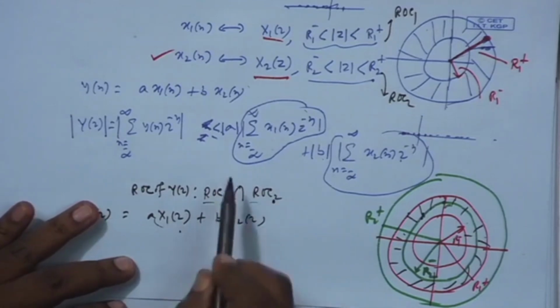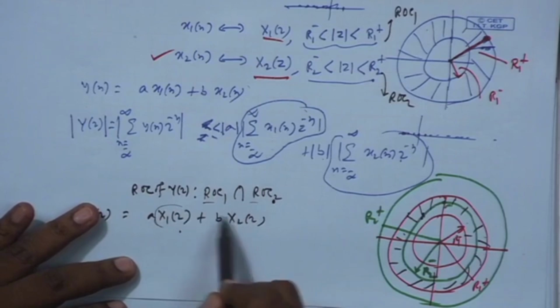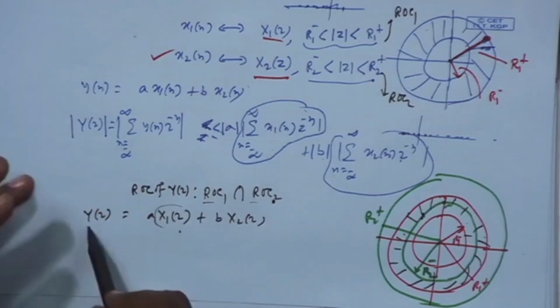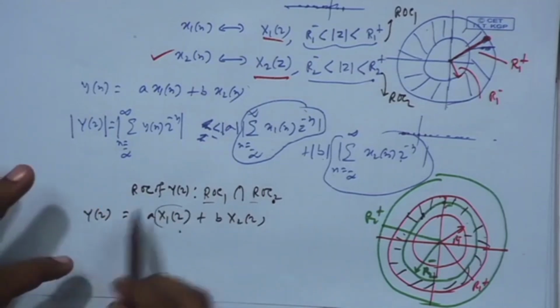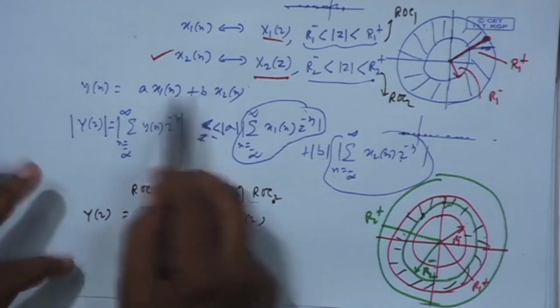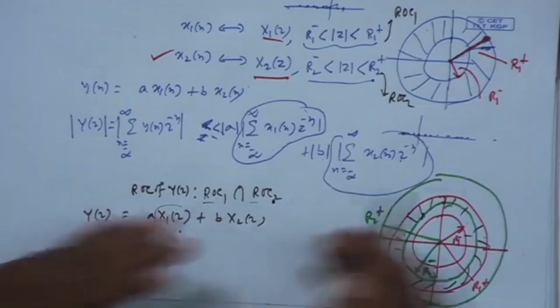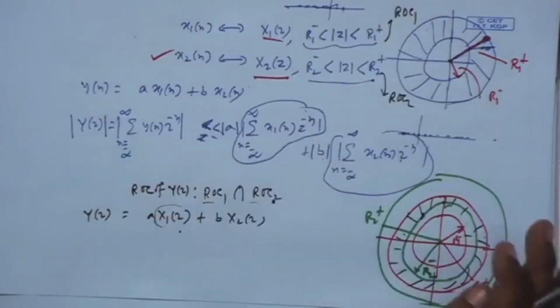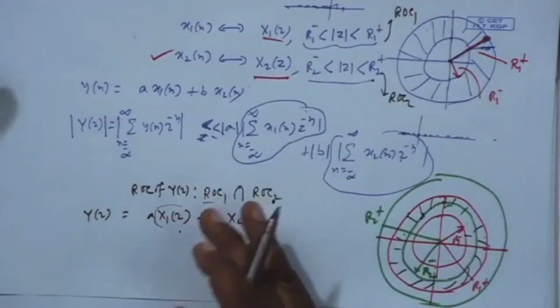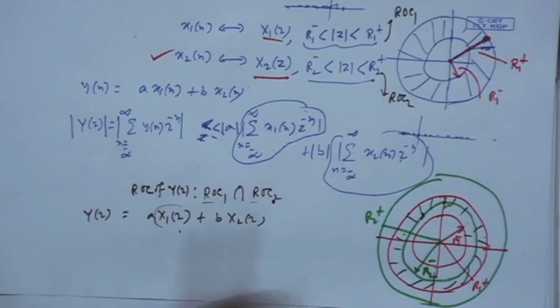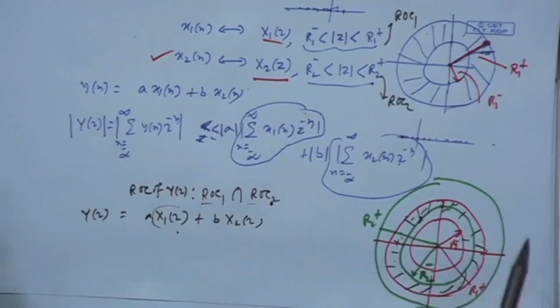Okay. Therefore, for that z, this is existing, so the summation exists, and there is your Y(z). So, ROC of Y(z) will be intersection of the two ROCs, and if there is no overlap, then there is no ROC for Y(z). So, Z transform does not exist for y(n).